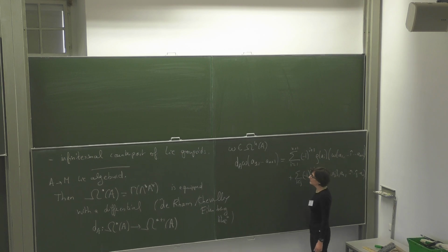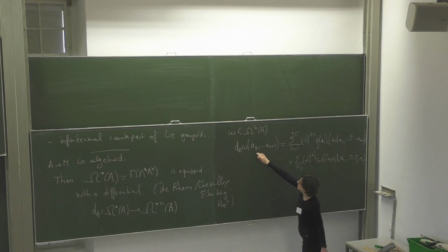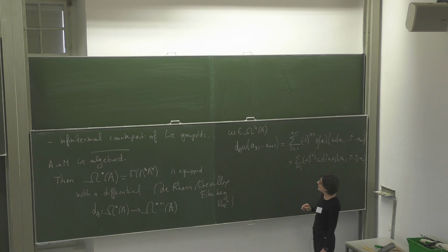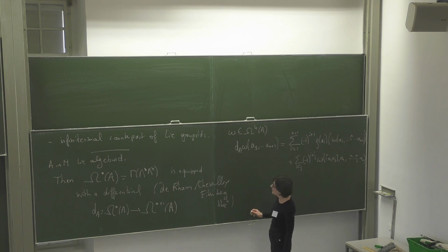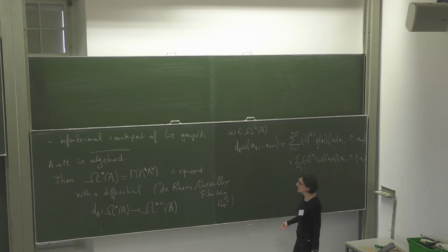So if you have the formula for the de Rham differential in mind, this is exactly it. If these were vector fields and the anchor was the identity, then that would just be the i-th vector field eating the form on the other vector fields. And that would be the second part. So if A is TM, this is the de Rham differential. If A is a Lie algebra, this first part just vanishes, so this is the Chevalley-Eilenberg differential for a Lie algebra with values in R. We'll see twisted Chevalley-Eilenberg differentials later.